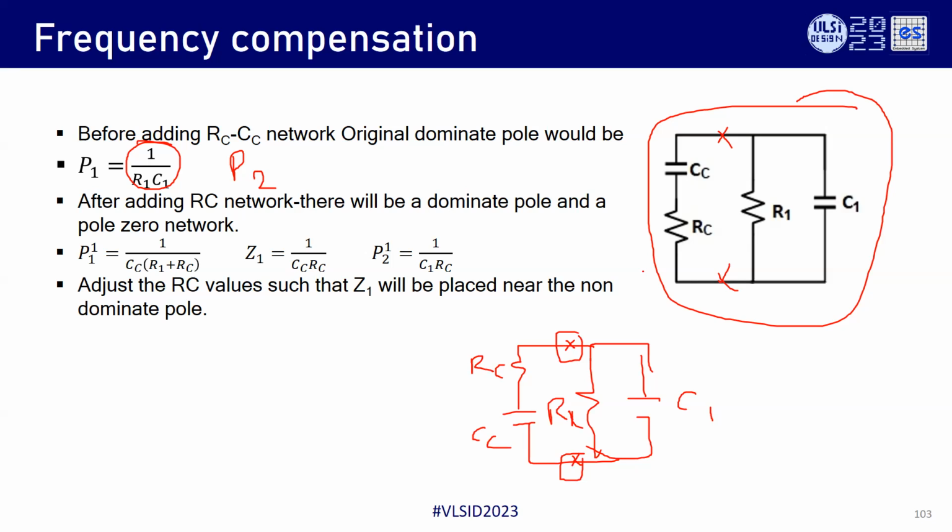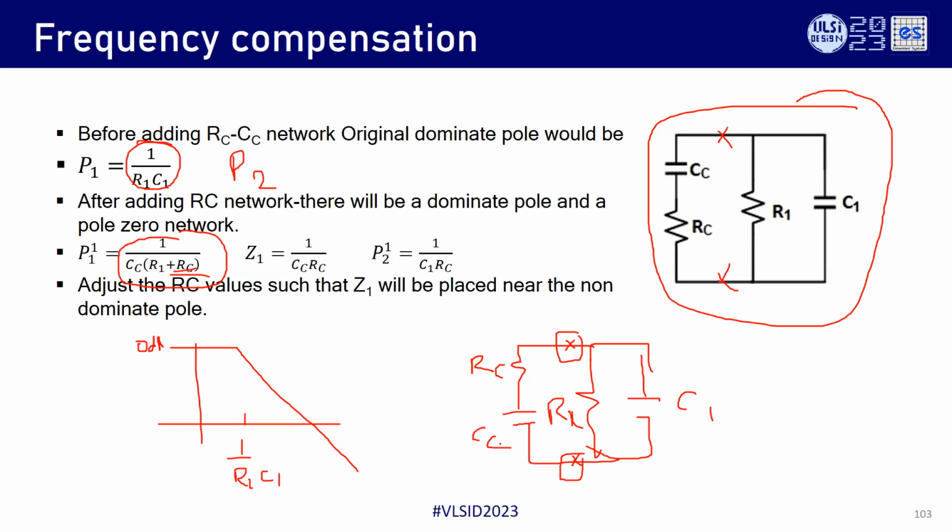Initially, without RC and CC, you have this 0 dB, and the pole is 1 by R1 C1. By including RC and CC, your dominant pole will be 1 by C1 into R1 plus RC. Let's say RC is very small compared to R1, so it's 1 by R1 into CC.